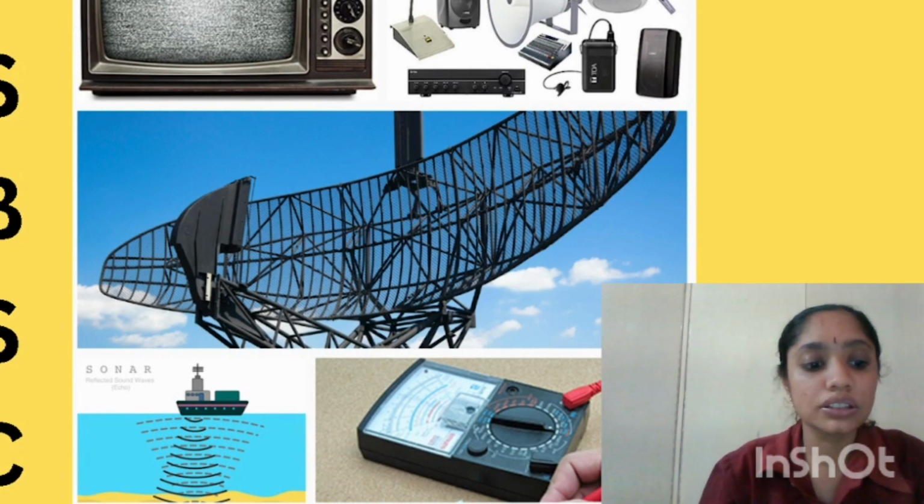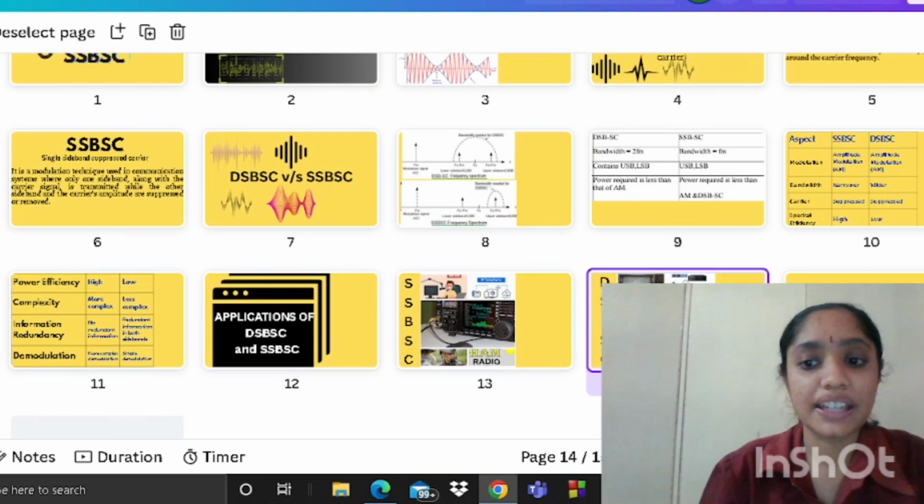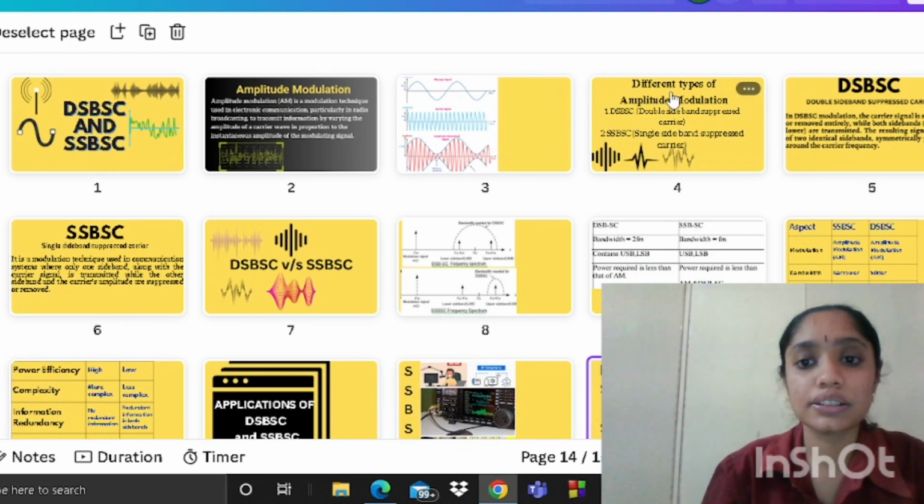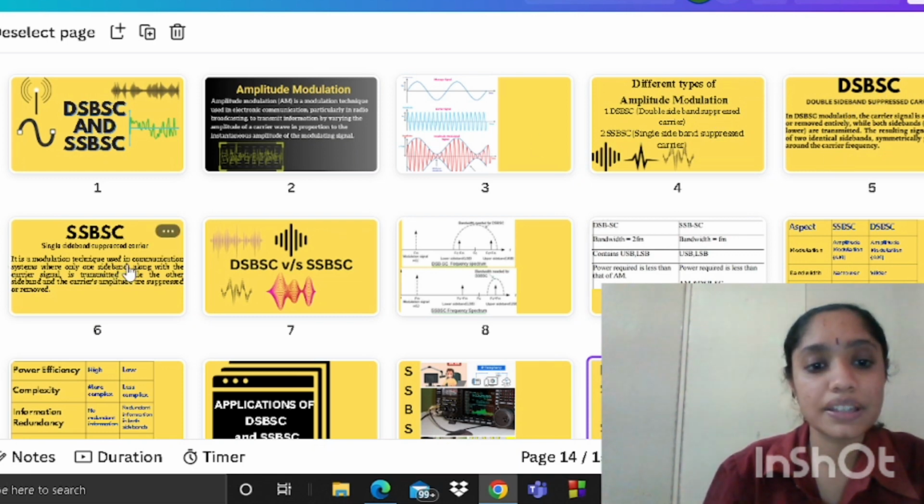Now let's have a look at what we have learned. Firstly, I started with some basics of amplitude modulation and its waveforms, and then discussed different types of amplitude modulation and DSBSC, SSBSC basic definitions.